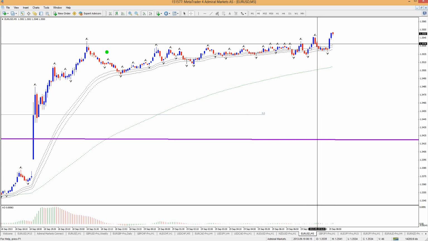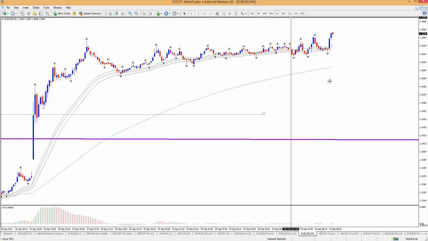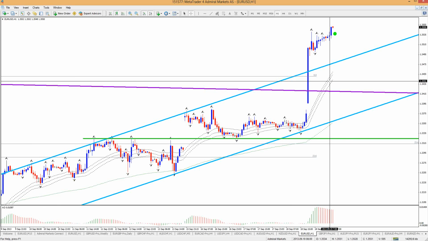I don't know. I get discouraged if I see such a big move to buy it here, personally. Nothing I can do about that. But a good buy would be, if we do make a bull flag, as I said, and get this back to the zero line, the next break I would love to take, because that is a very high probability. So keep that in mind.